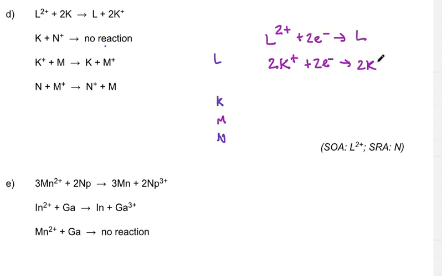This probably shouldn't have the 2's in it if I were making a really good redox table, but all I really care about is the orders, so we're probably okay. M, we have a +1 ion and then the metal version. M is something like sodium or lithium. And N, same thing. Single positive charge on the ion and neutral monatomic over here. So, strongest oxidizer, the L2+ ion, strongest reducer, N metal.